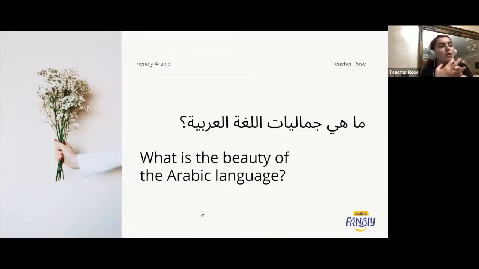For people who are interested in working in NGOs or working in the Middle East or North Africa, Arabic language will be a huge plus for them. Muslim people like to learn Arabic for reading Quran or learning more about Islam.